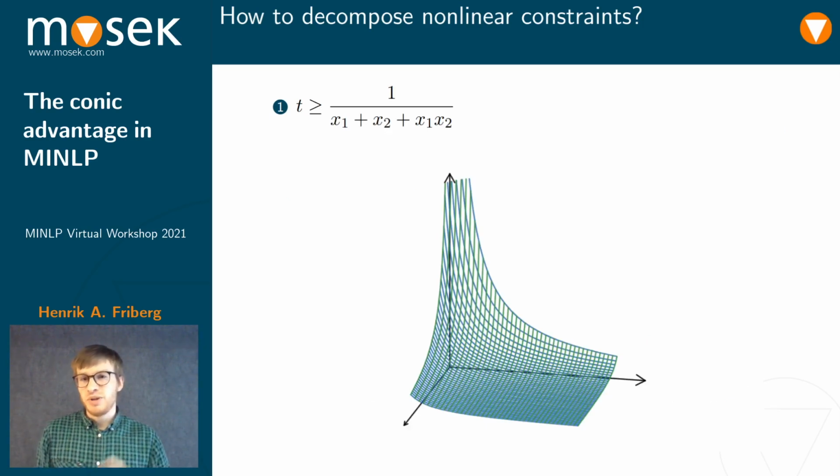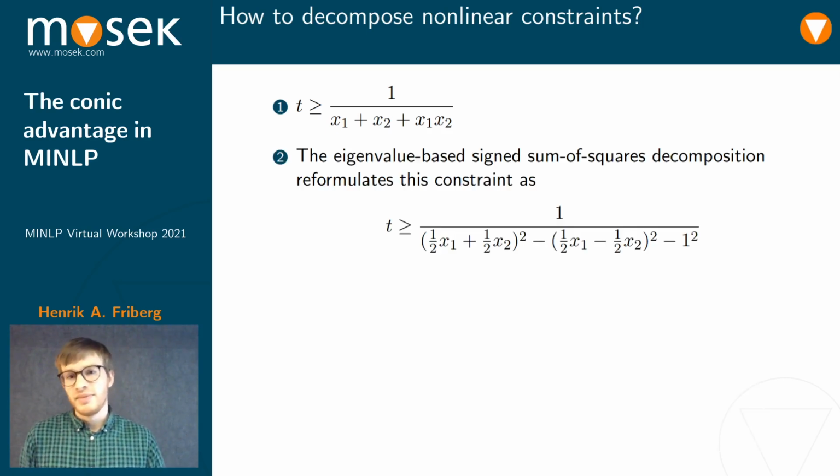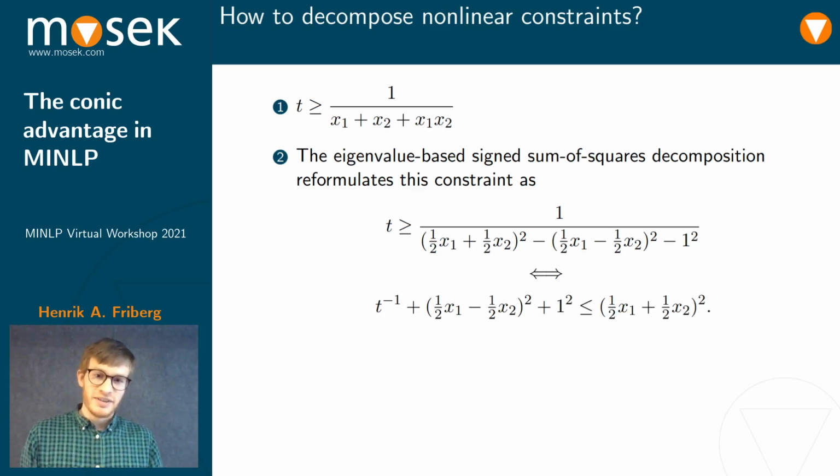Now, to have a bit more experience using this decomposition, I'll give you one more example. In this case, we should be able to represent it for x1 and x2 greater than or equal to 0. The eigenvalue-based decomposition can be used to rewrite the denominator in terms of 3 squares, and simply by rearranging this, we can get something that is very close to a quadratic cone.